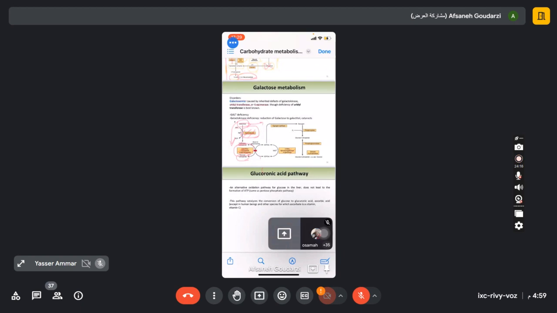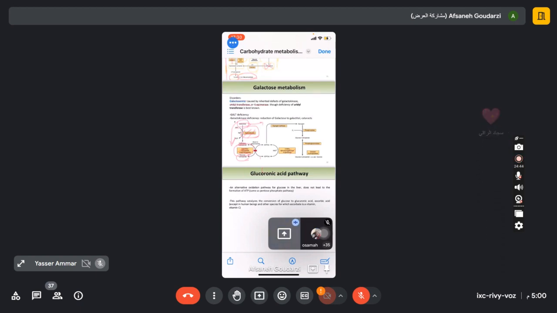But it's important because the glucuronate produced in this pathway is necessary for the detoxification of some toxins in our body. And it can convert glucose to glucuronic acid, and also to ascorbic acid, not in us, but in some other animals.